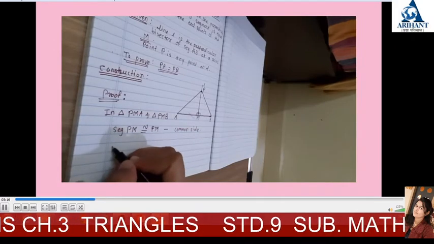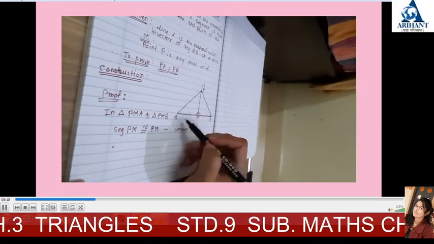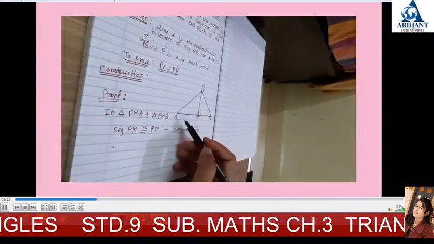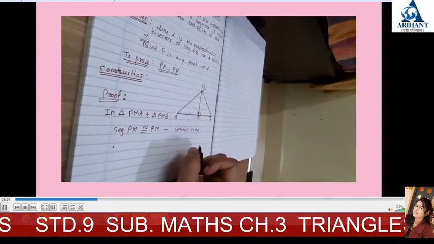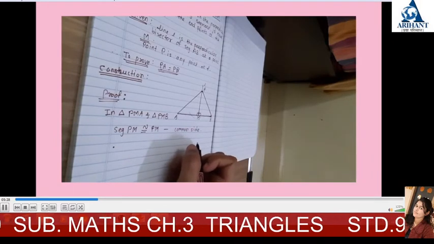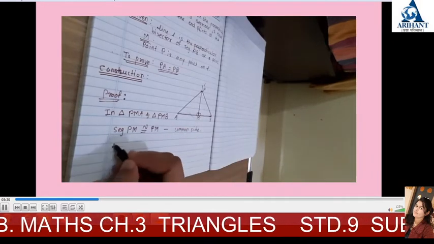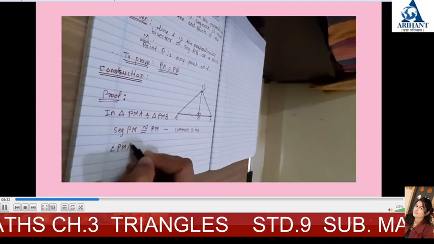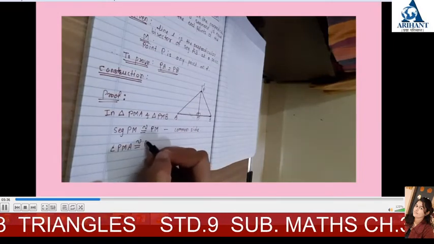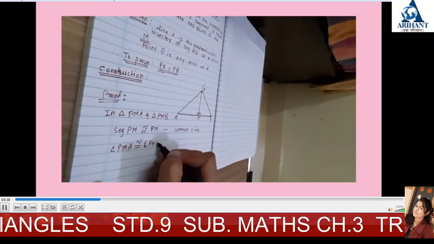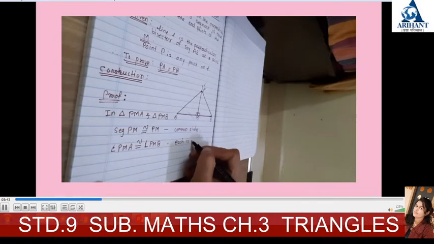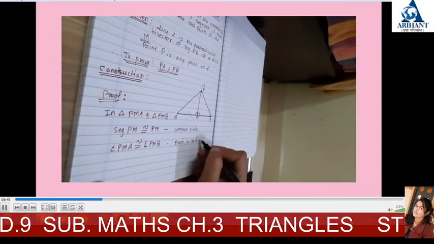Now the second: triangle PMA and triangle PMB, they are right angle triangles, adjacent triangles. So angle PMA is equal to angle PMB. These are the right angles.